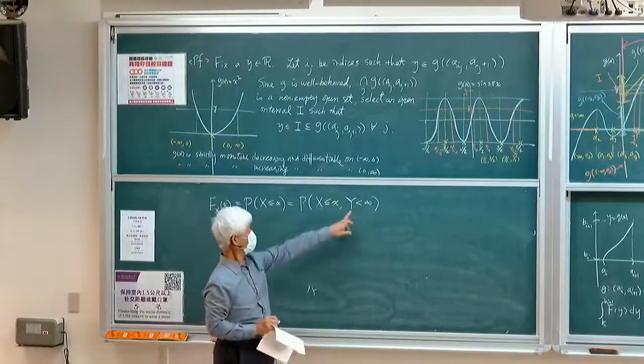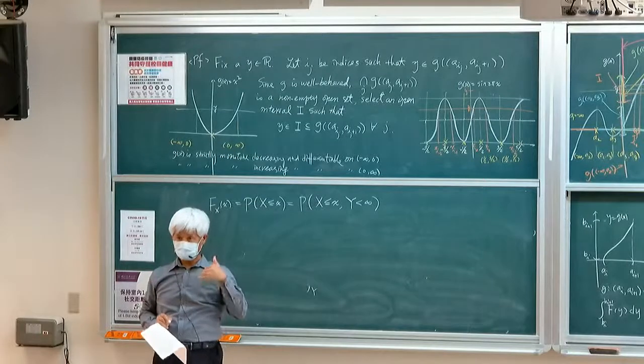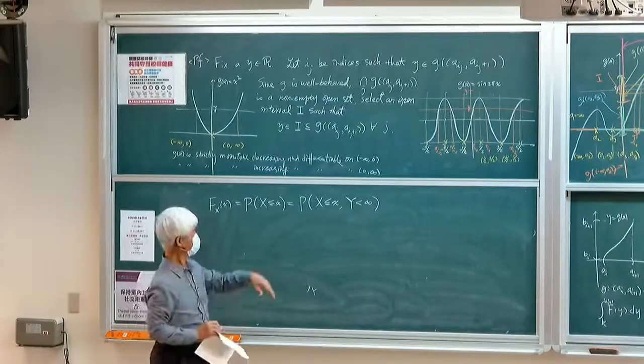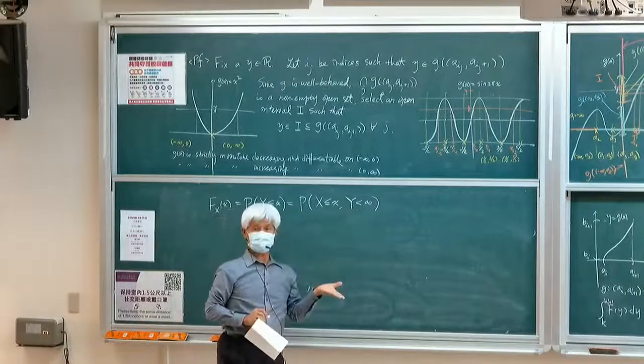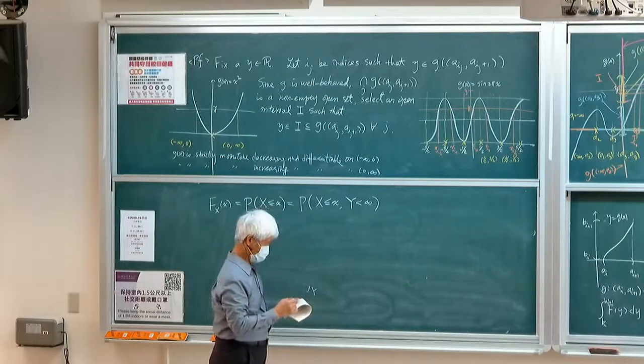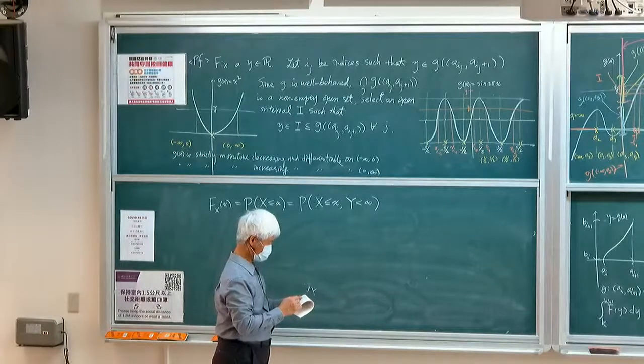Because every random variable we consider has real value. So real value must be any real number less than infinity. Okay? Right?